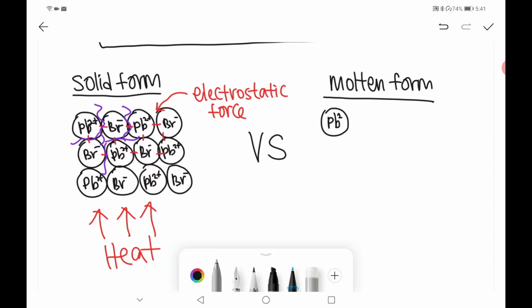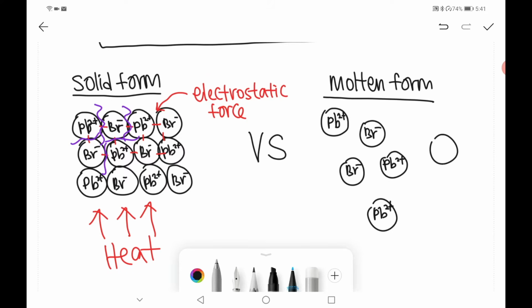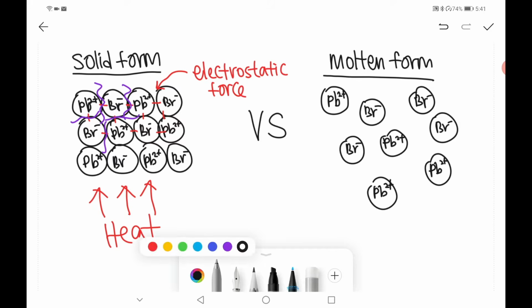Let's say Pb2+ is here, Br- is here, Pb2+ is here, Br- is here, and so on. Now you see they no longer stick together. They don't have the force anymore. This force is already broken.